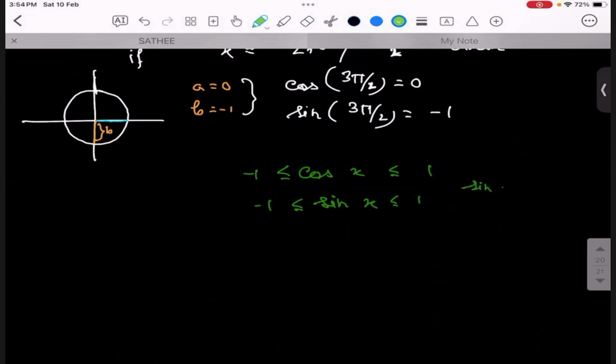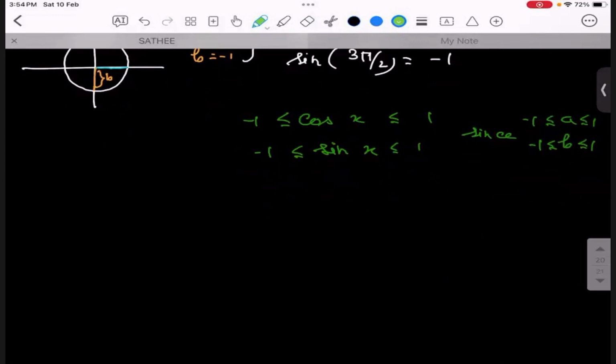Since a is less than or equal to 1, greater than or equal to -1, and b is less than or equal to 1, greater than or equal to -1, depending on the value of a, we can say that cos x and sin x will not exceed this range.